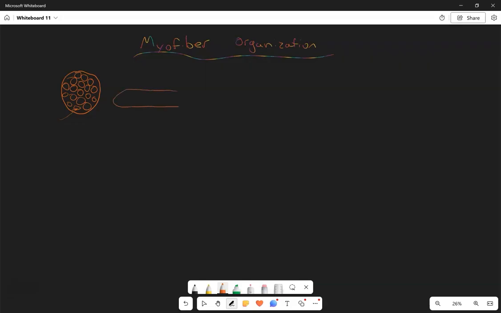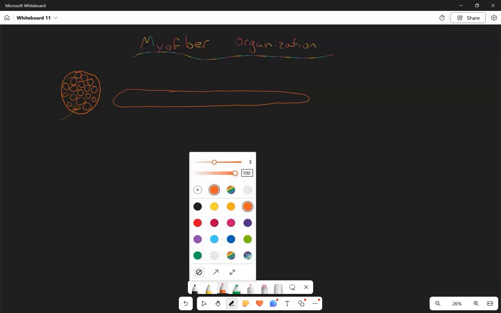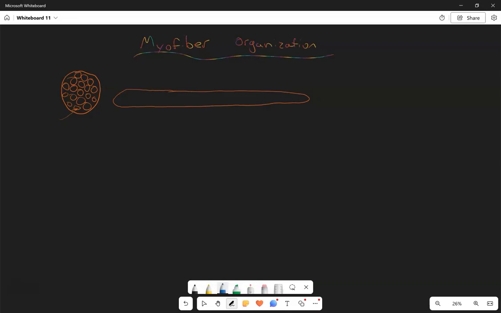like so. That myofibril is going to have a structure that lays over top of it, which is the sarcoplasmic reticulum. And it's going to look something like this, where all these little lines are cisternae of that sarcoplasmic reticulum.